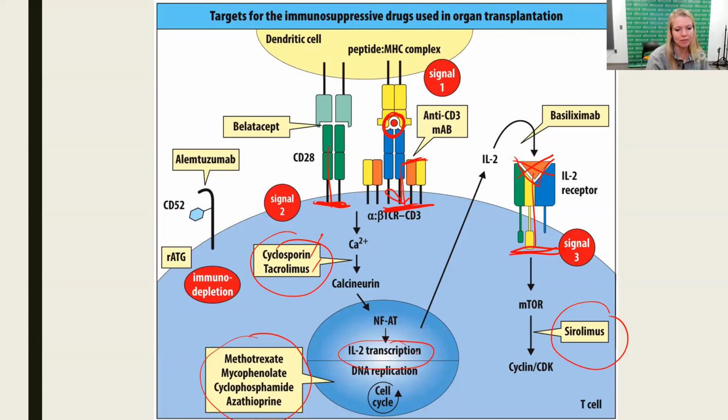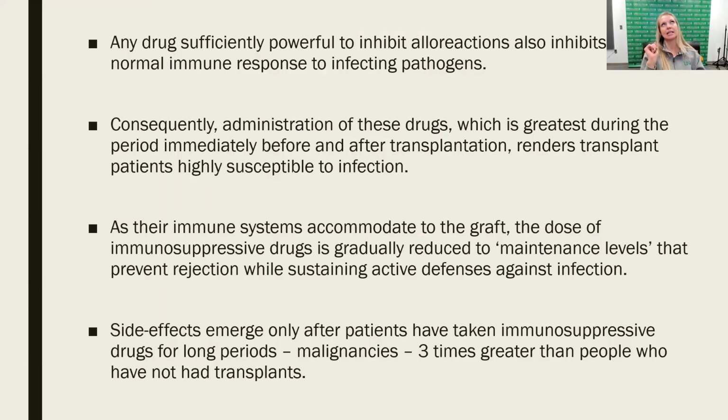And so IL-2 isn't made, so essentially it's blocking this third signal. Those are probably the two. Methotrexate is another one that I have heard of, but again, there's a lot of different types out there, and probably new ones made even since the publishing of this text. The point is that immunosuppression is a tactic needed along with finding a histocompatible donor.